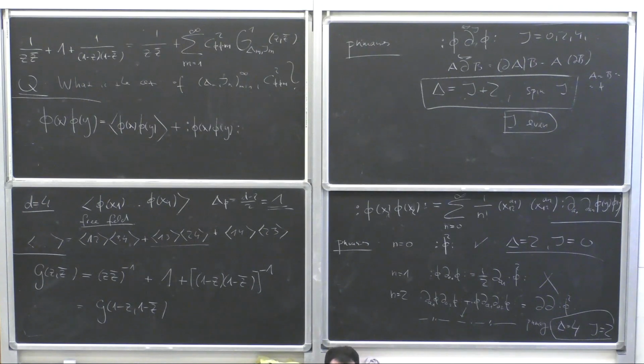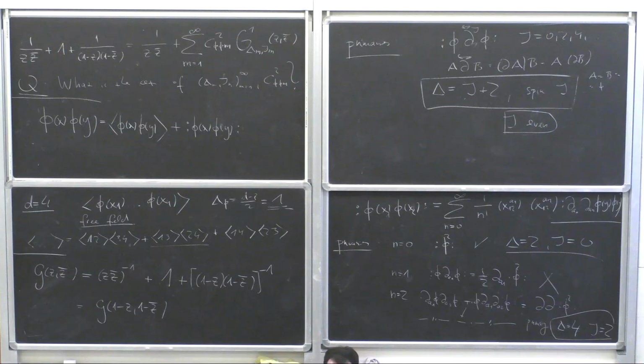Okay, so what we have so far of the free scalar 4-point function. Okay, I have some window which is obstructing my view.